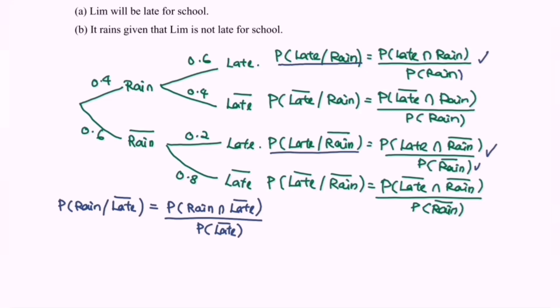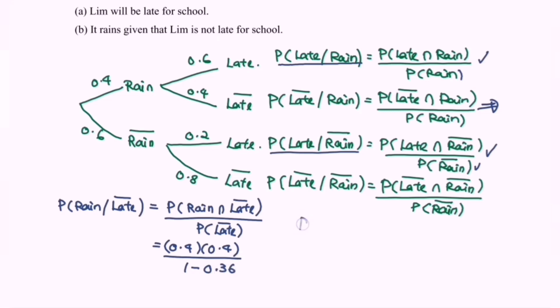So kindly refer to the situation rain and late complement. In order to find it, we have to cross multiply the situation, 0.4 multiply with 0.4 over the probability of late complement, which is 1 minus 0.36.